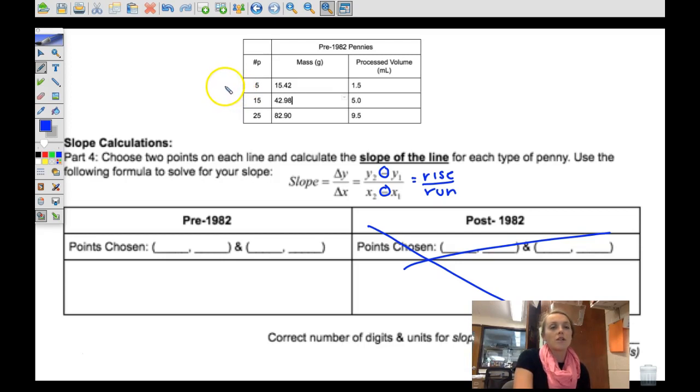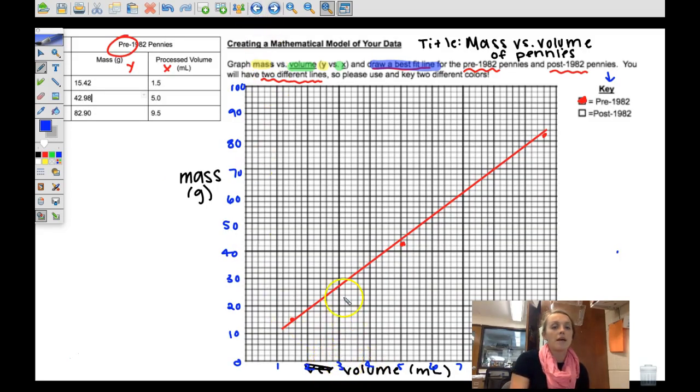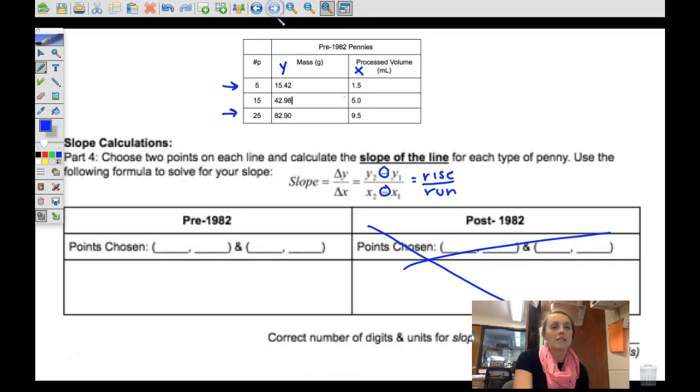So just for fidelity's sake, I'm going to choose my first and my last one, remembering that volume is my x and mass is my y, based on the graph before. So remember that coordinates are given in an xy fashion. It's going to be 1.5 and 15.42. And my second point is 9.5 and 82.90.